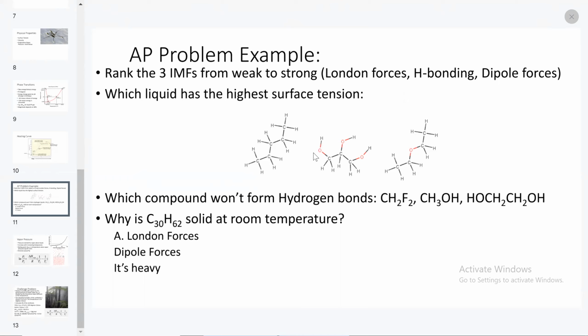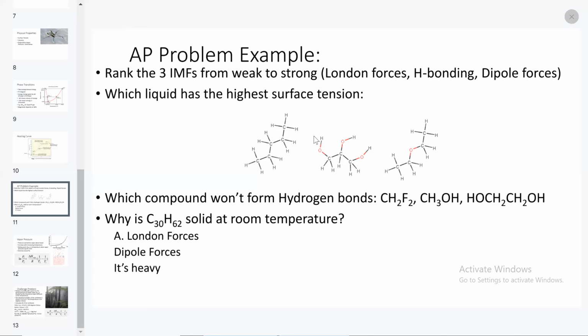So here we have pentane. Pentane is a very thin liquid. And we have diethyl ether. This was used as an anesthetic back in the early days of surgery and nowadays as a recreational drug, it turns out.